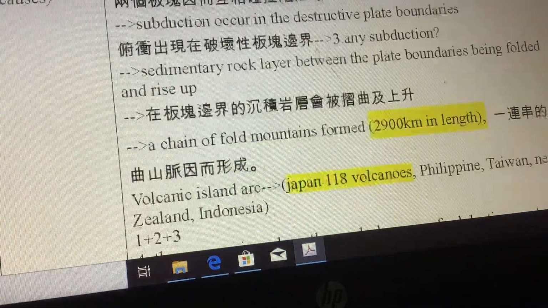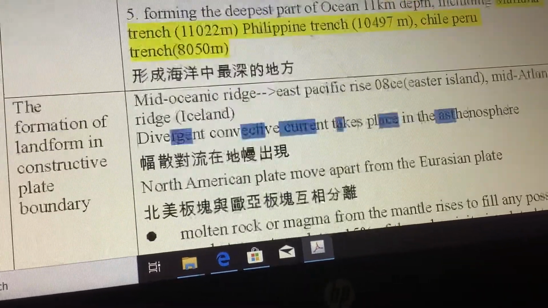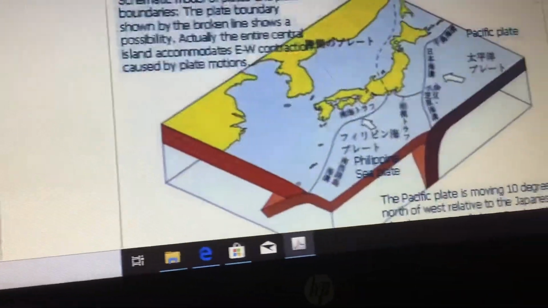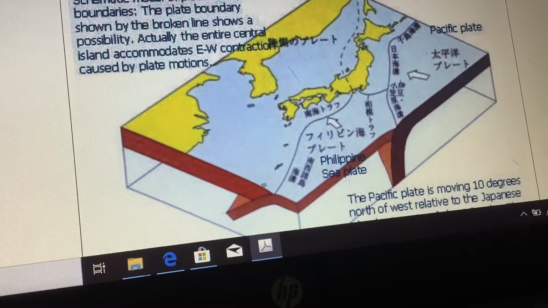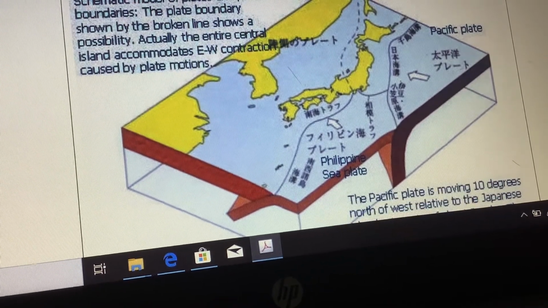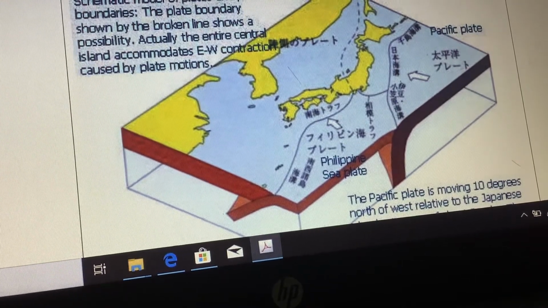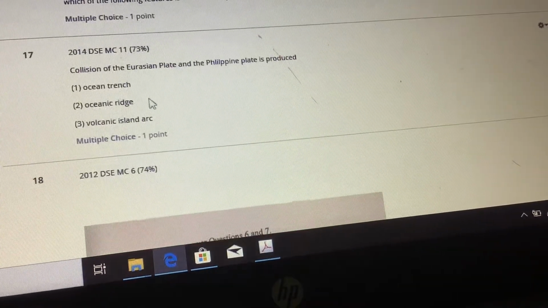I have just showed you previously, page 3 of your summary. As you can see here, Philippine plate. This one should be Eurasian plate, but it hasn't been mentioned. Accordingly, most of them are sea trench, and this one is volcanic island arc. So accordingly, sea trench and volcanic island arc only.